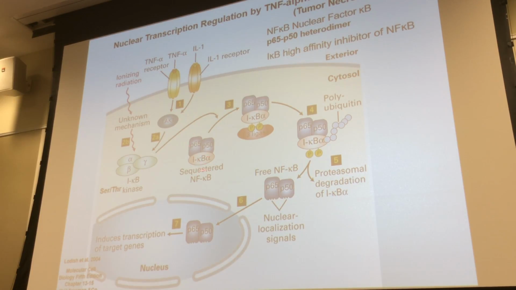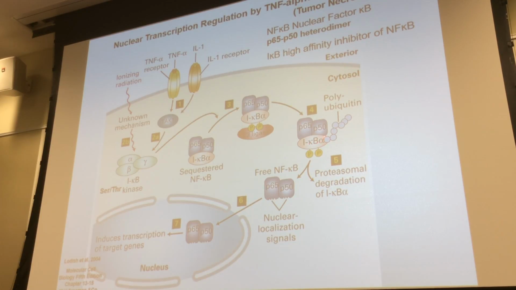But once this gets phosphorylated, what we're doing is calling in this E3 ligase to these phosphorylated sites that were in response to this kinase. And that now makes it possible to degrade the inhibitor.